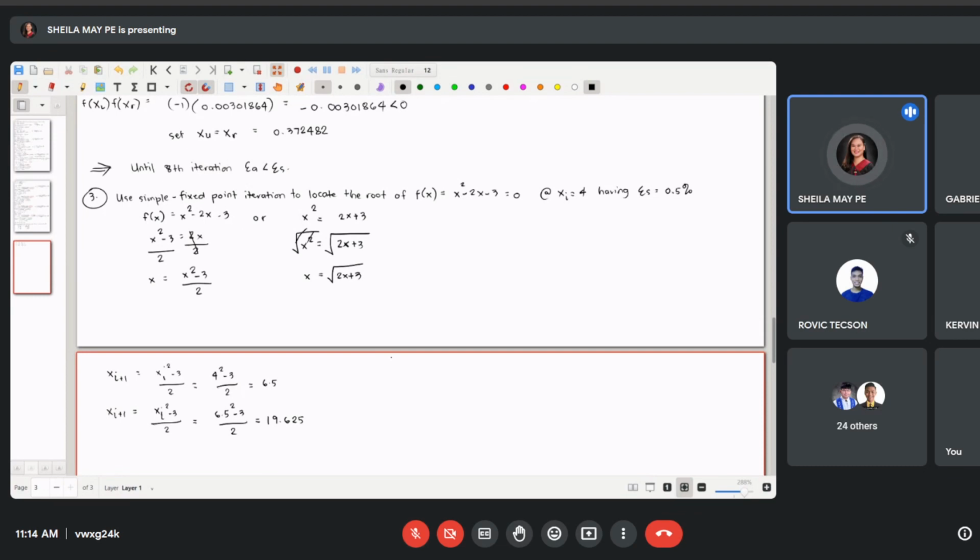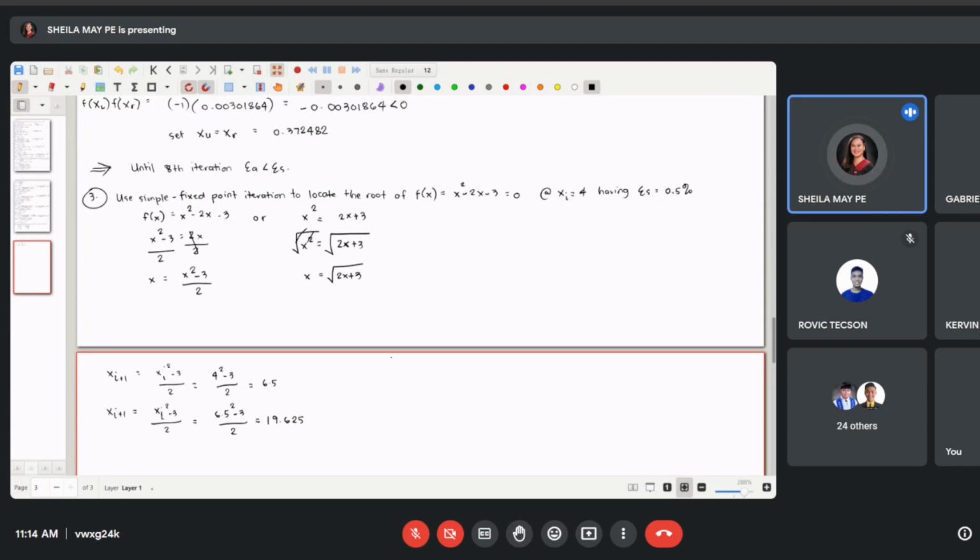When I try to find the root of that equation, that's 1 minus 2 minus 3. The roots of this equation lie at -1 and 3.